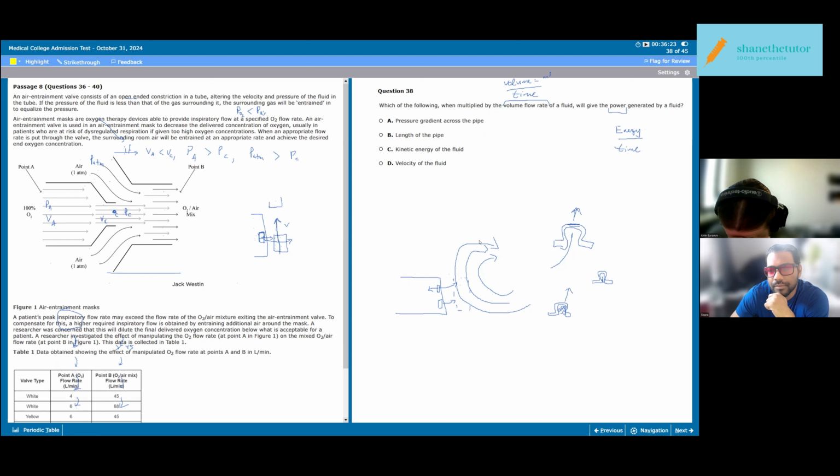Newtons times distance, like meters. Uh-huh. And deconstruct units for newtons. It's kg times m over second squared.